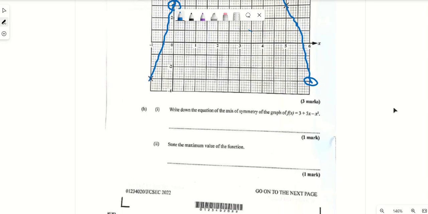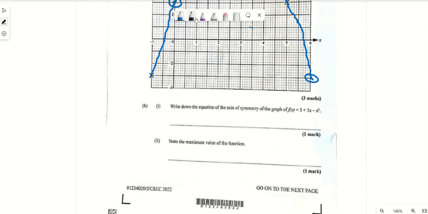So the formula for axis of symmetry, which is very important, please take note of this, is x is equal to minus b all over 2a.